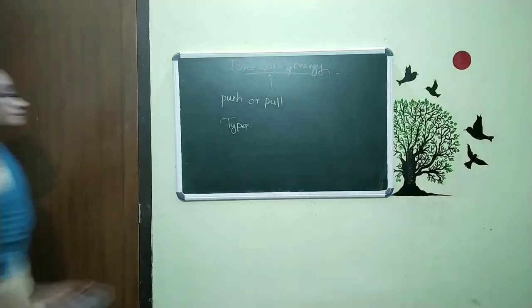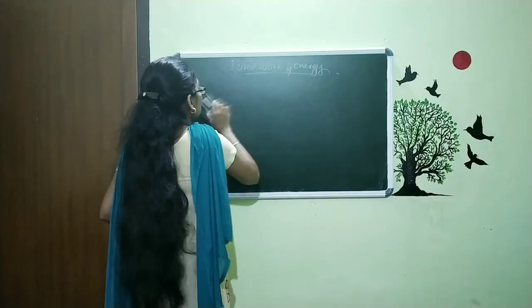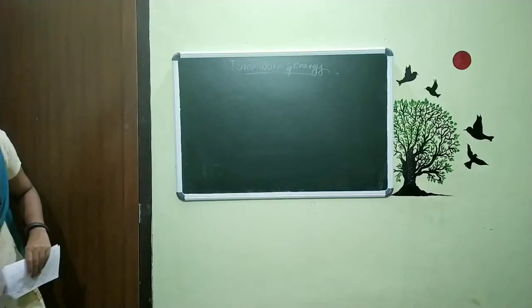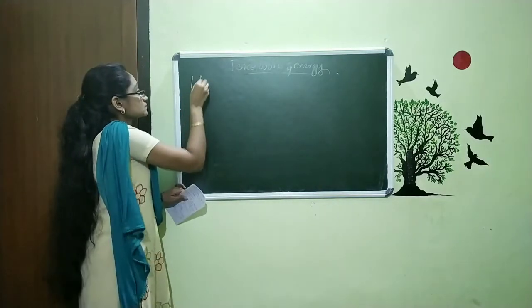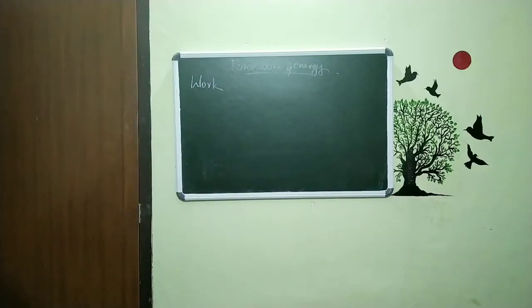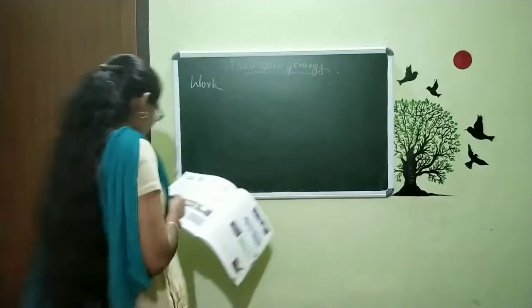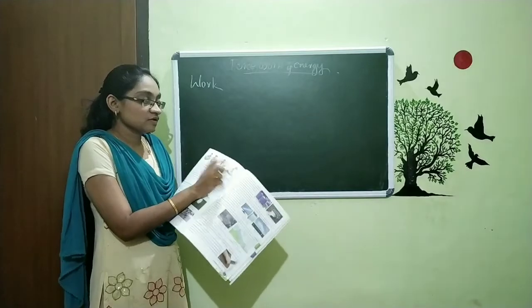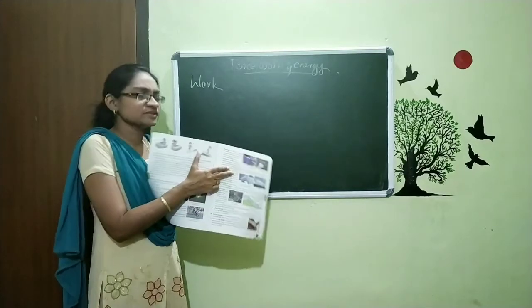So our first topic for today is work. For that, first take your textbook and observe the diagram on page number 102. There you can see 4 pictures. Just observe that.